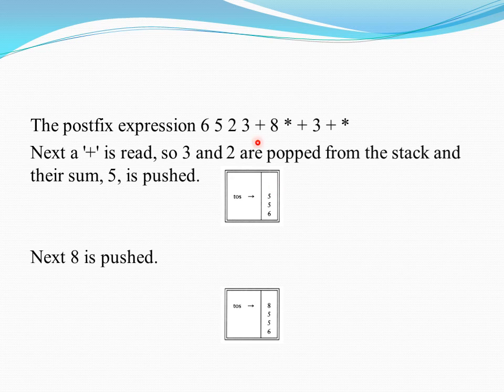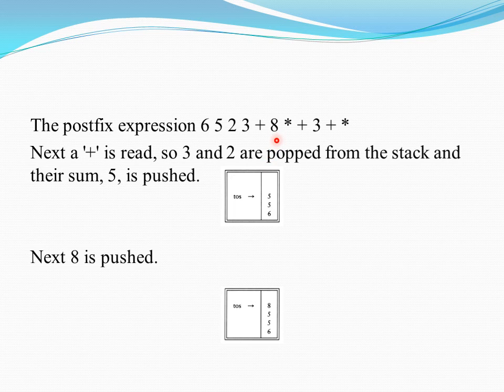Next character read is plus. Plus is an operator, so we have to pop two values, 2 and 3. Pop, and apply this operator between them. 2 plus 3 is 5. Then 5 is pushed into the stack. Next read is 8.